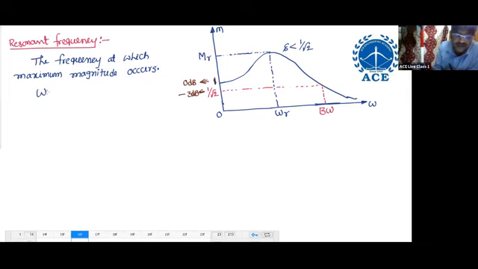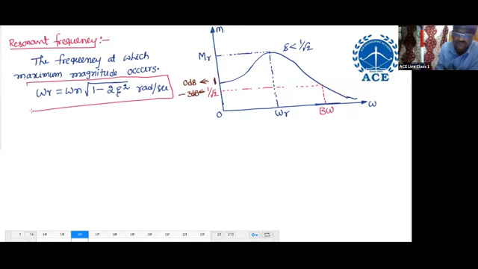So that is omega r equal to omega n into root of 1 minus 2 zeta square, in radians per second.